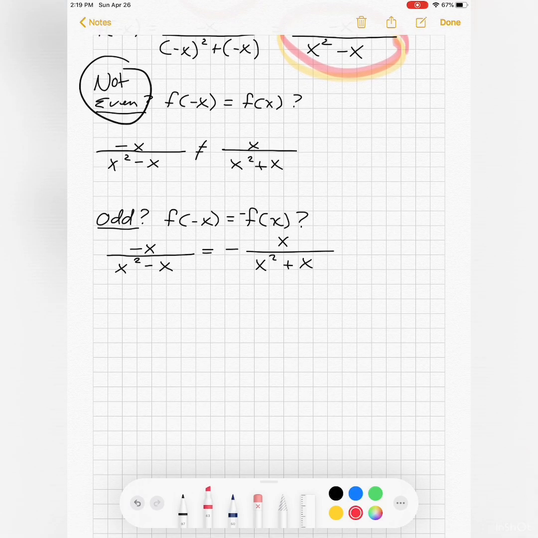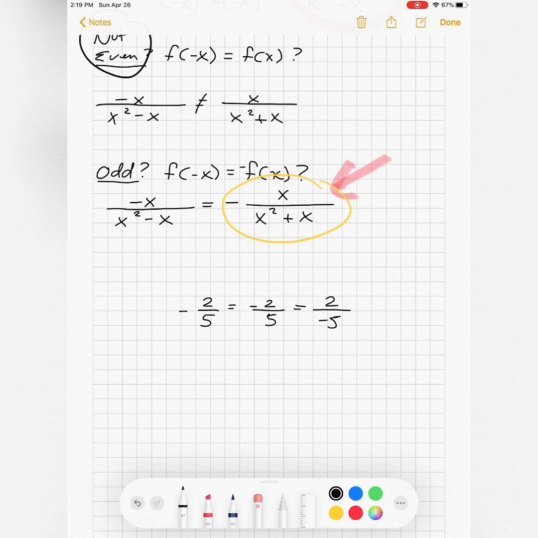Well, the thing is, look at this right side. I don't know, think about a simple fraction. Remember, if I have something like -2/5, I can write that three ways, with the negative in the front, the negative in the top, or the negative in the bottom. So the question is, if I take this expression, I guess I can write it three ways. I can write it the way I have it written. I can put the negative in the top, or I can put the negative in the bottom.